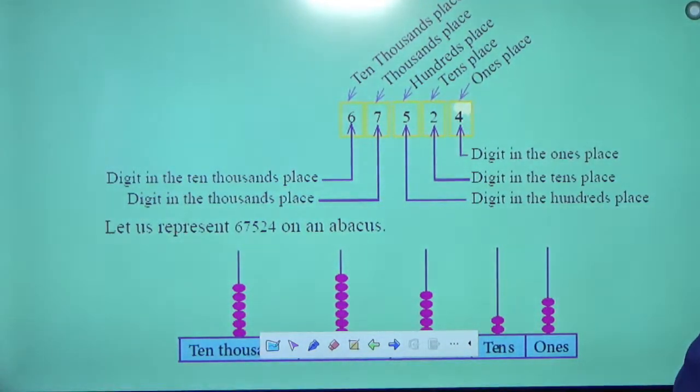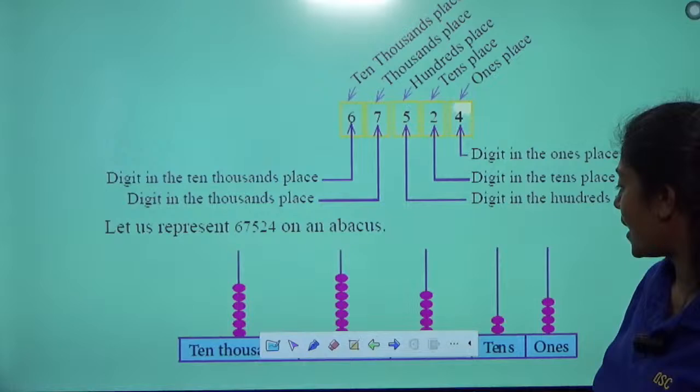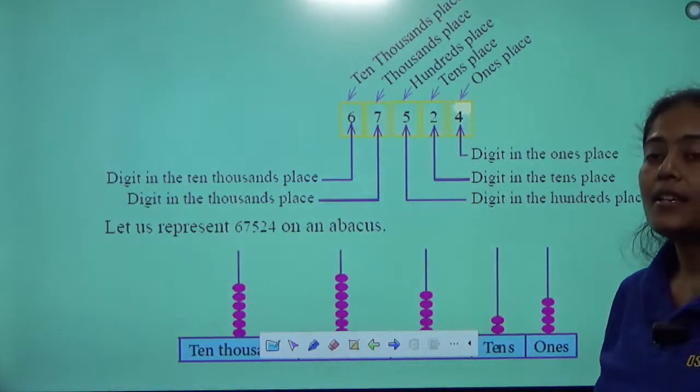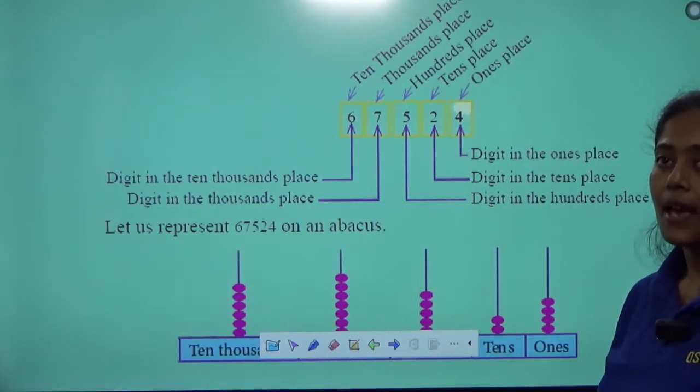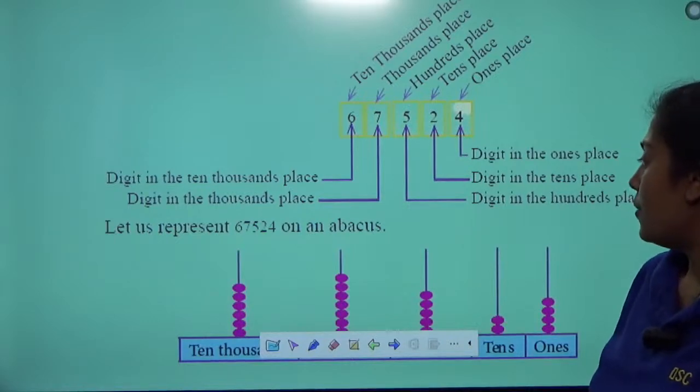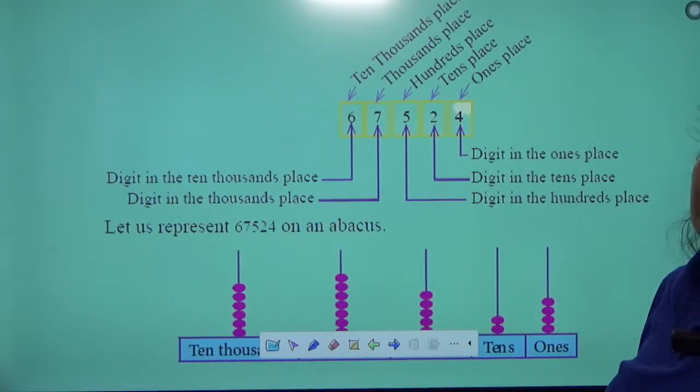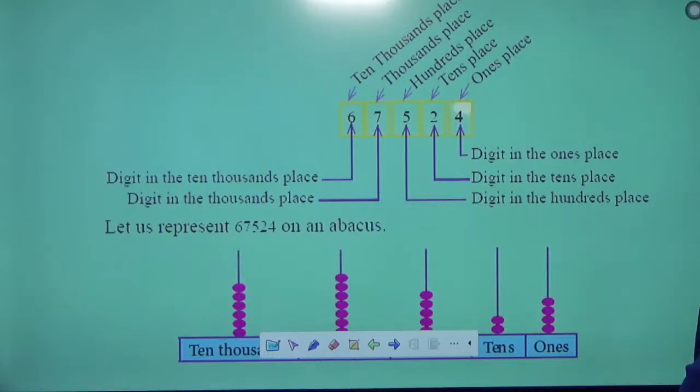Right. Then look at this one. How can we represent this in an abacus? What is the value? 67,524. Now we are going to represent it on an abacus. According to the place values, we have to arrange the abacus.